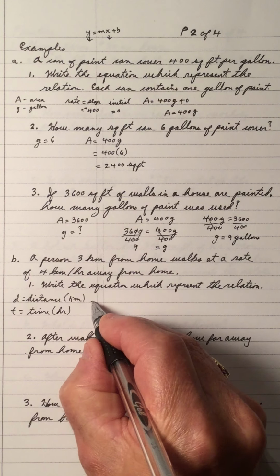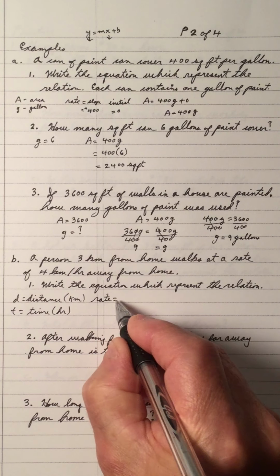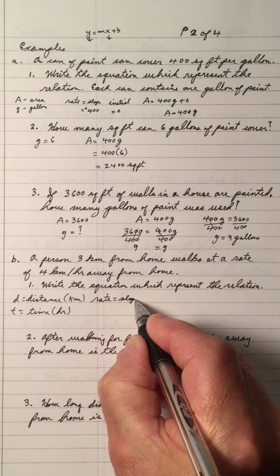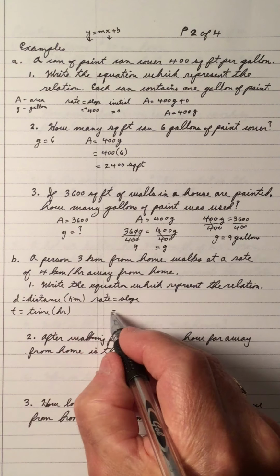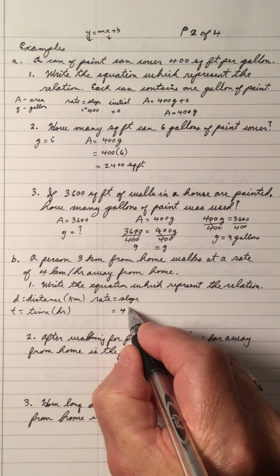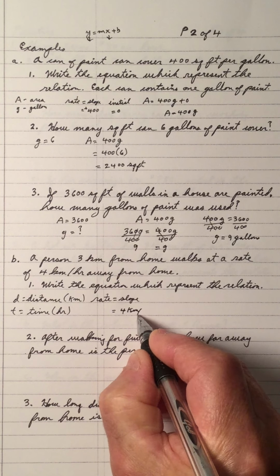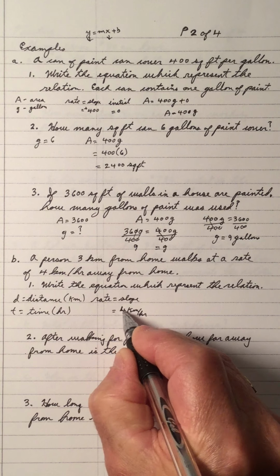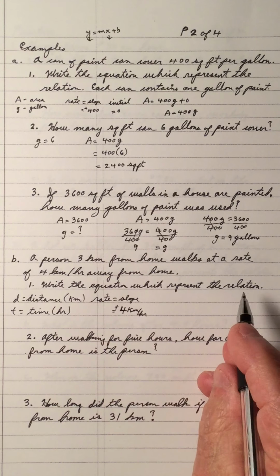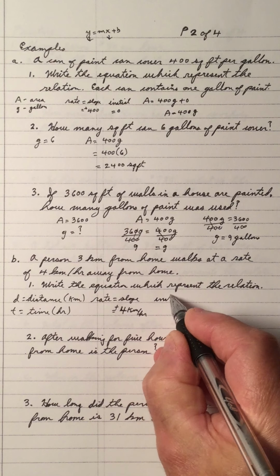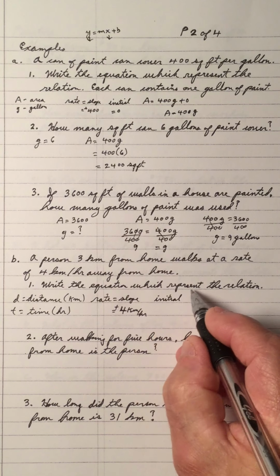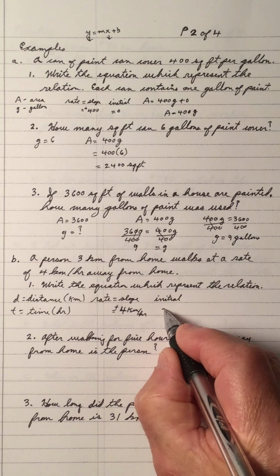Now that means we have a rate, and the rate is the slope that's going to be used in the line. The rate is we're walking away from home, so it's 4 kilometers per hour as a plus. And the initial value to start off this problem is 3 kilometers.